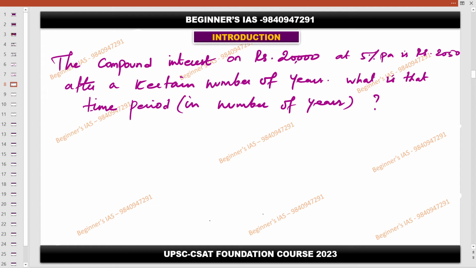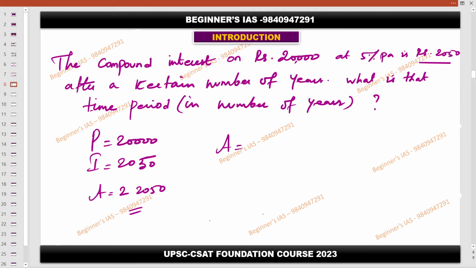First of all, identify the total amount for 2 years. Listen carefully: the compound interest amount has been provided. So principal is equal to 20,000, the interest is 2050, then the amount will become 22050.